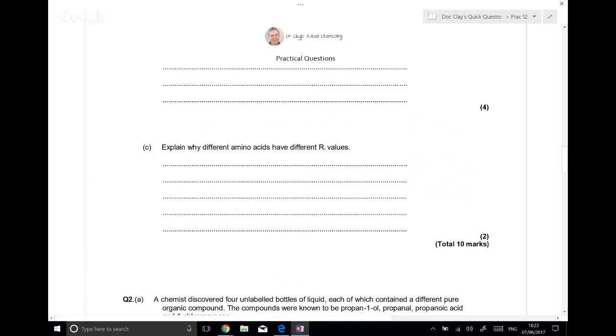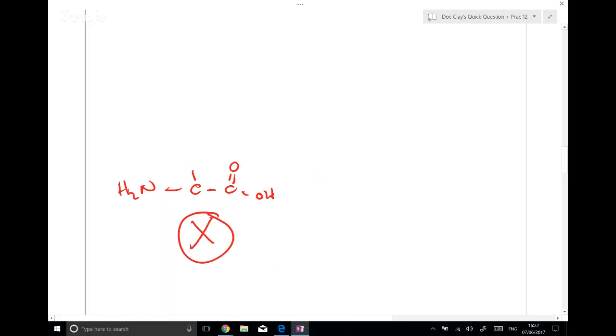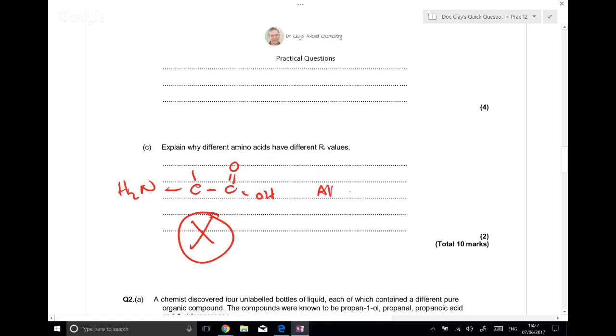Well, this final one is going to be associated with the fact that different amino acids, if we remember what an amino acid is, all have this grouping, but this group here is different, and therefore all amino acids have a different polarity.